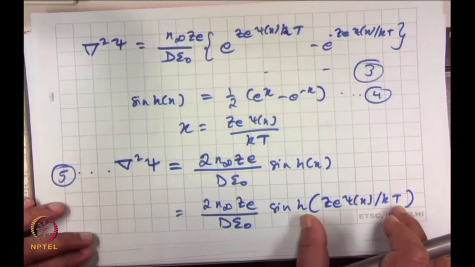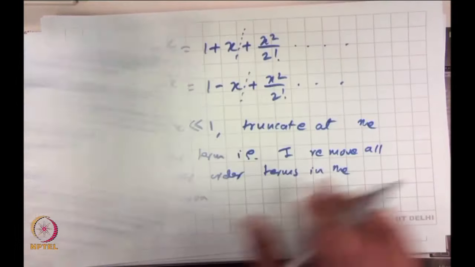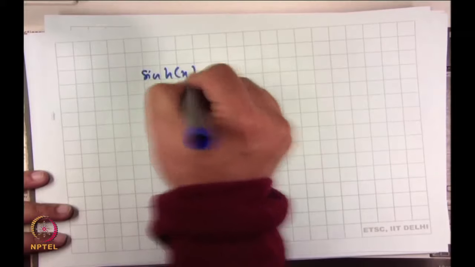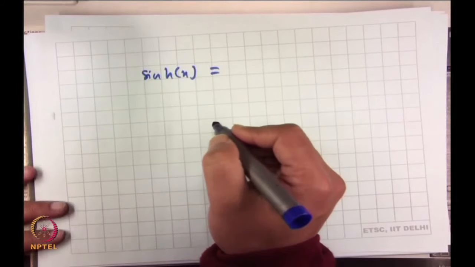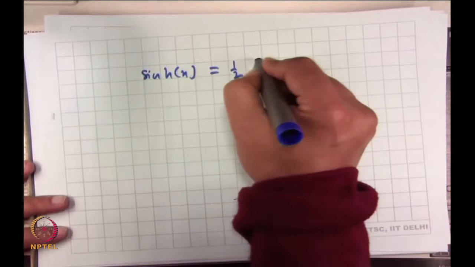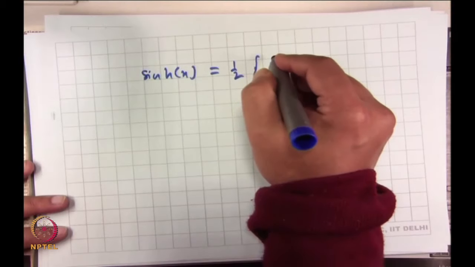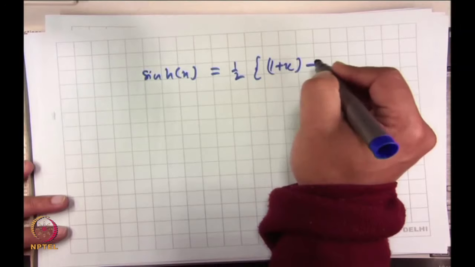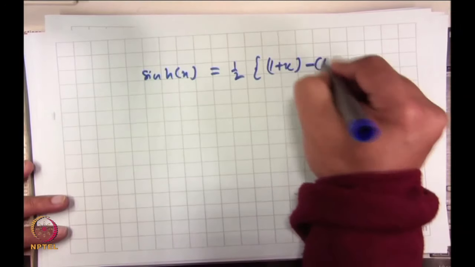I can write that sinh of x is equal to, based on our assumptions, half of, the first one, e to the power x, which is 1 plus x, the next one is 1 minus x, excellent.